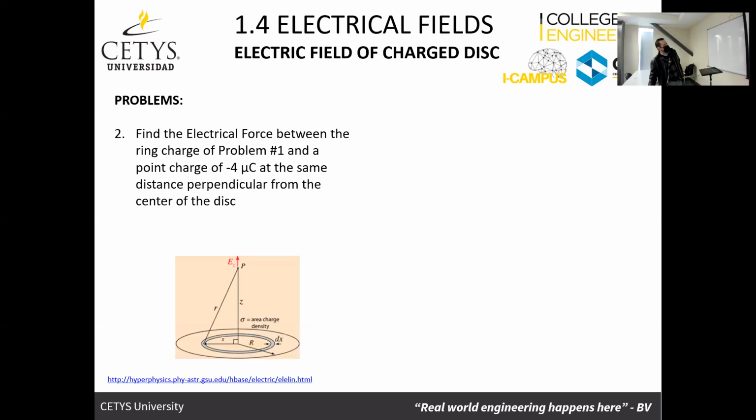Okay, so the next part of the exercise is, now we found the electrical field. And so what's going to be happening here is that now we're going to place a charge, we're going to put a negative charge here of -4 microcoulombs.